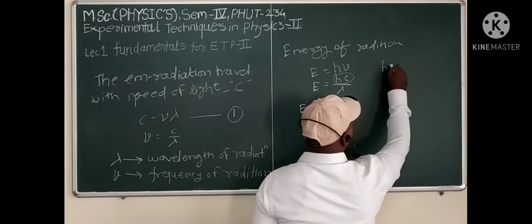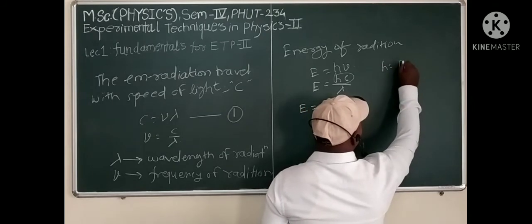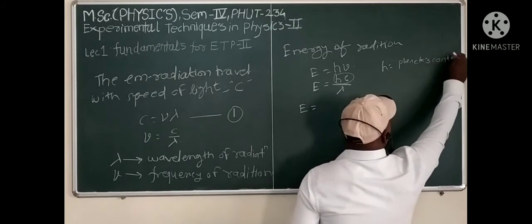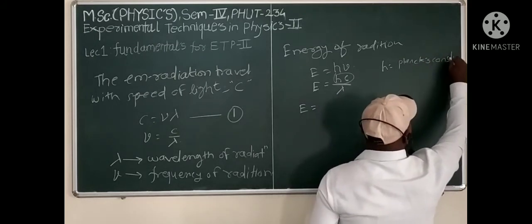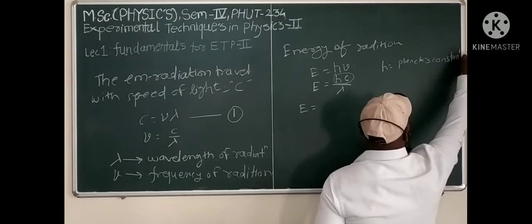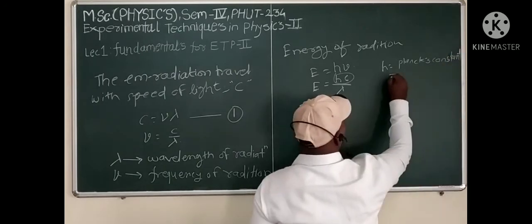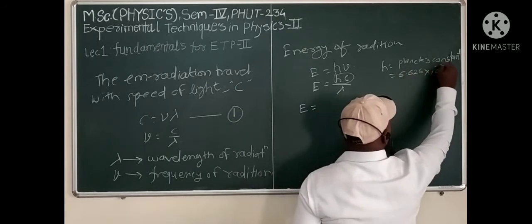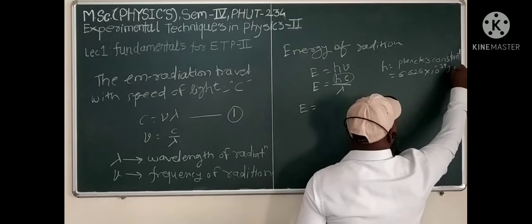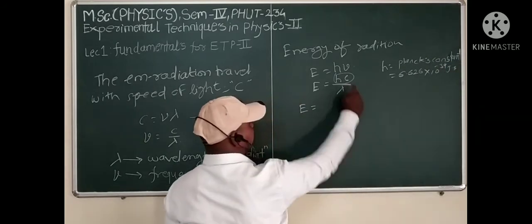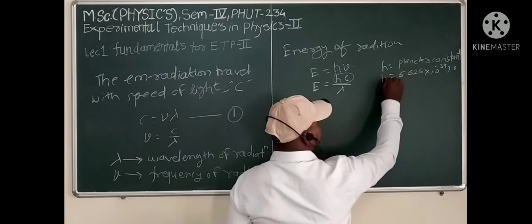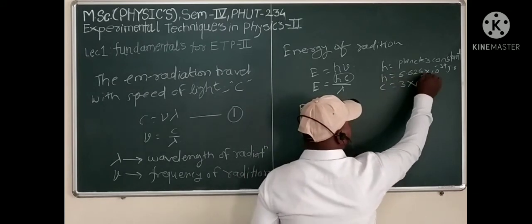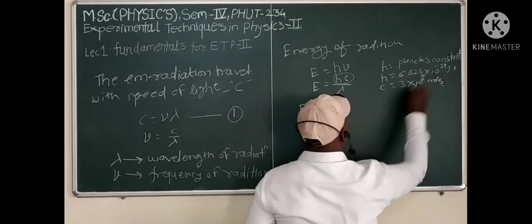Here h is Planck's constant, which has the value 6.626 into 10 raised to minus 34 joule second. And c is the speed of light, which is 3 into 10 raised to 8 meter per second.